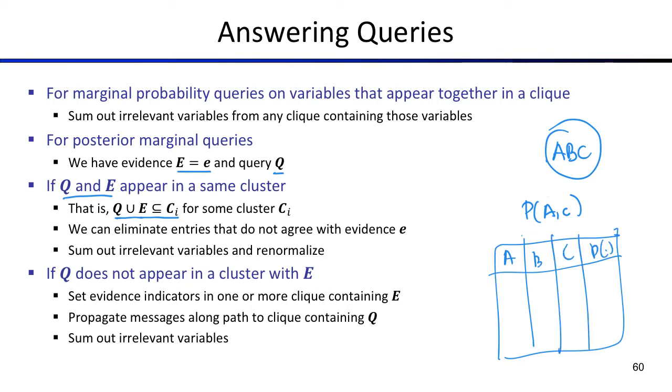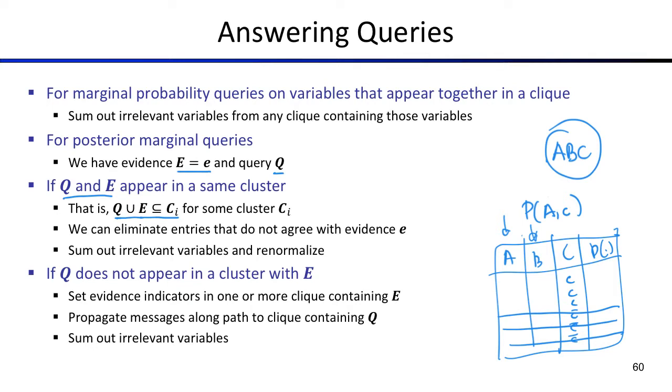For variable C, we have C in some rows and not C in the other rows, let's suppose it's binary. So the evidence is C true, and I will eliminate everything that doesn't match the evidence, and I will eliminate the variable B because it's not part of my query. I will have the variable A together with C equal true. So this is the way we do it when the variables are together.